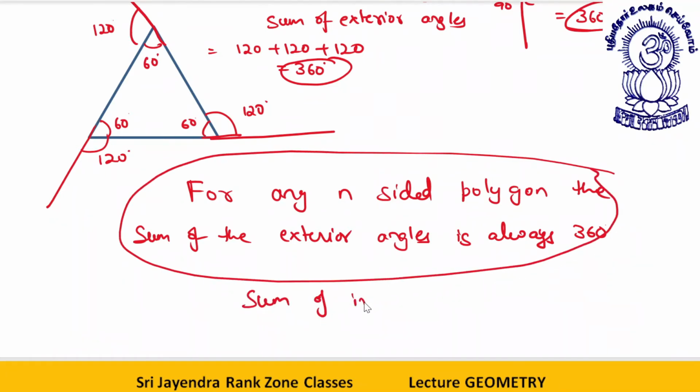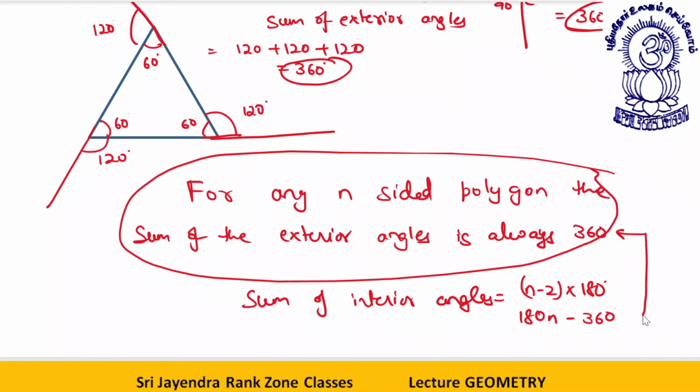The sum of interior angles is equal to how much? The sum of interior angles is (n minus 2) into 180 degrees, or 180 into n minus 360 degrees. These combine to give you 180n.